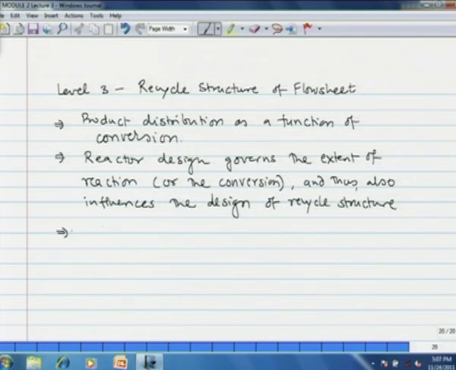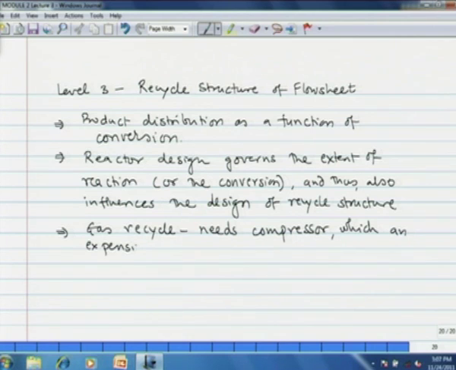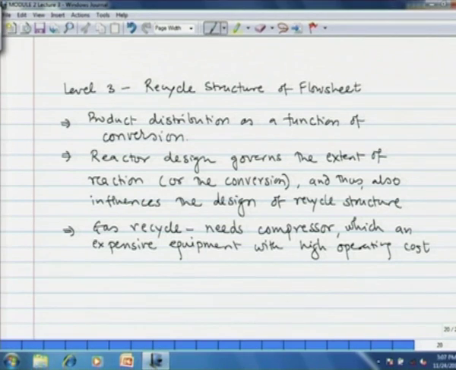We also note the point of gas recycle needing compressor, which is an expensive piece of equipment with high operating cost, and thus gas recycle is an important aspect of the overall recycle structure of the flow sheet.